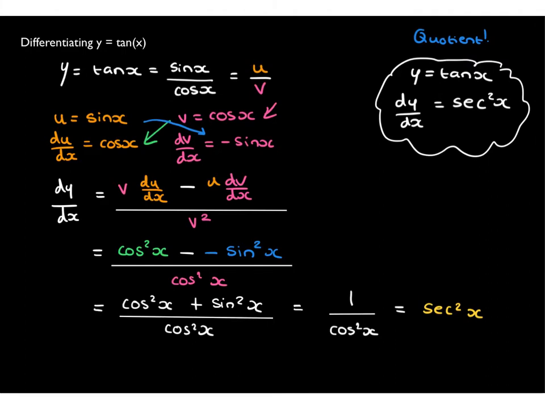It's important for you to be able to carry out this process. So you need to make sure you learn and you're confident about how to differentiate tan x using the quotient rule, and it's important that we understand and know the result that y equals tan x differentiates to sec squared x. So we can generalise this a little bit further.